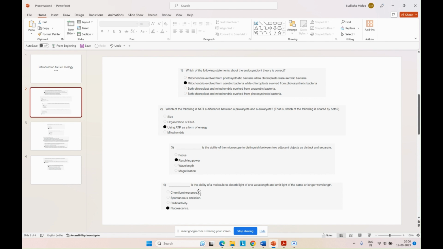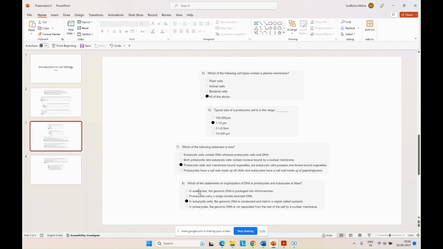Spontaneous emission and radioactivity also do not explain this statement. Fluorescence is the ability of the molecule to absorb light and then emit it. Usually the emitted light is not of the same wavelength. Usually it's of a longer wavelength because some of the energy is retained, and in physics, the longer the wavelength, the lower the energy.